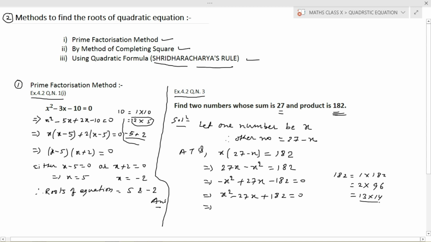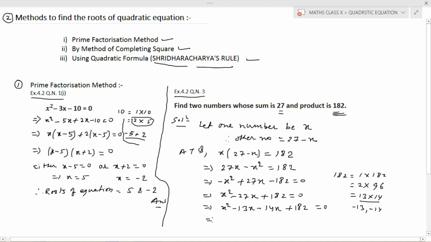So we take these, but since the middle term is negative, both terms will be negative. We take minus 13 and minus 14. So we get x square minus 13x minus 14x plus 182 is equal to 0.